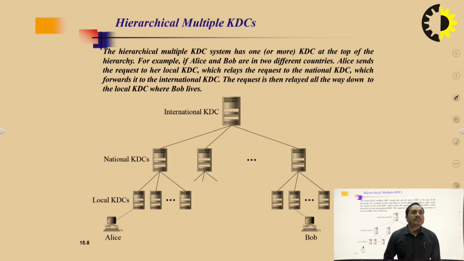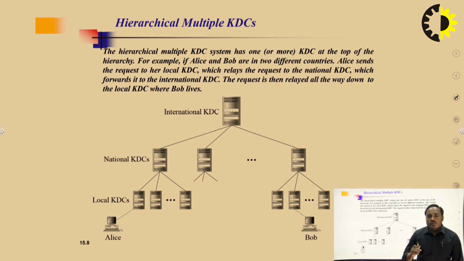This type of structure is basically used worldwide, where a person staying in India wants to communicate with a person in the USA. He can send a request to the local level, then the national level, then the international level, then the national level and local level on the other side, and after that he can reach the person.